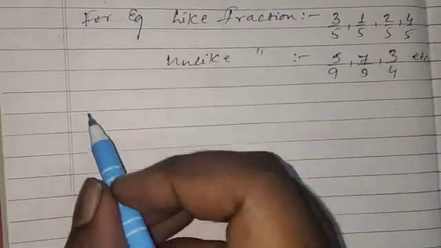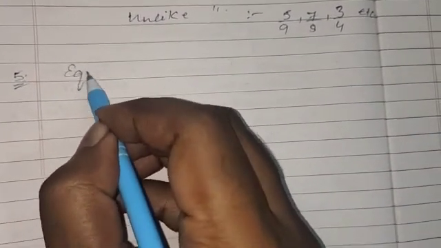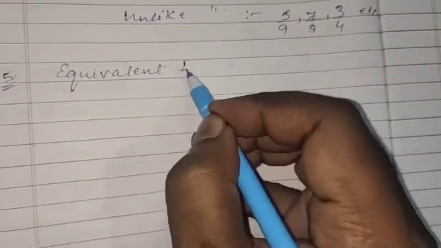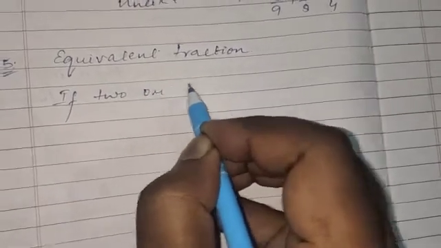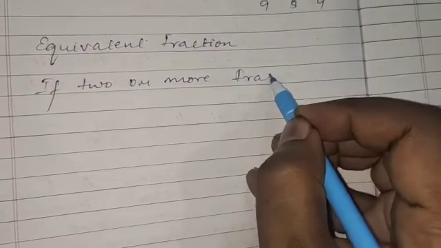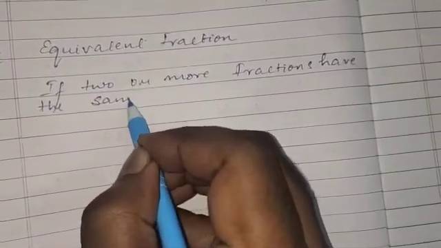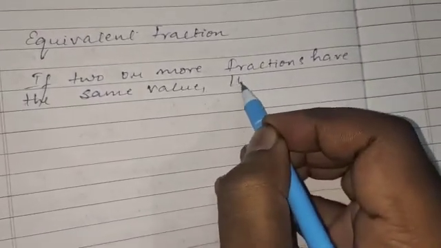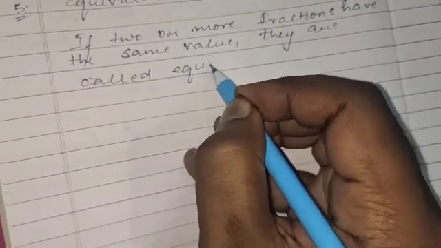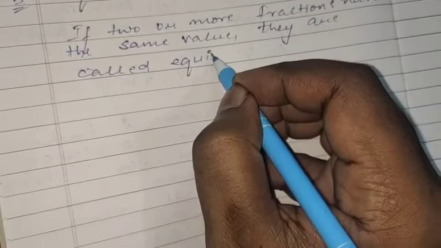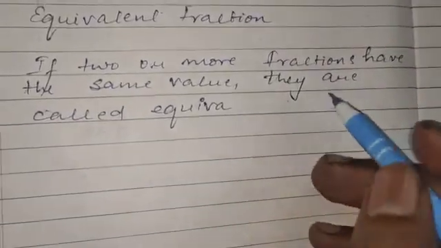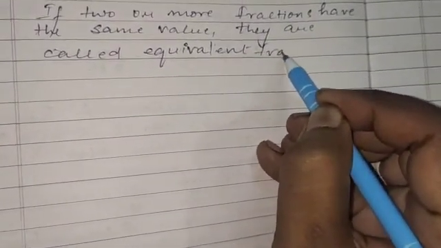Now fifth is equivalent fraction. If two or more fractions have the same value, they are called equivalent fractions.